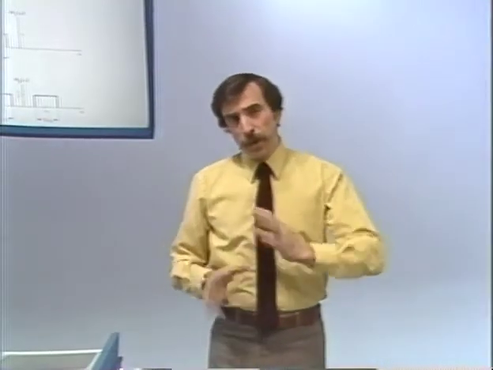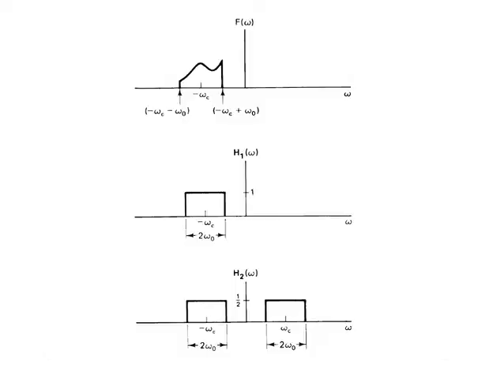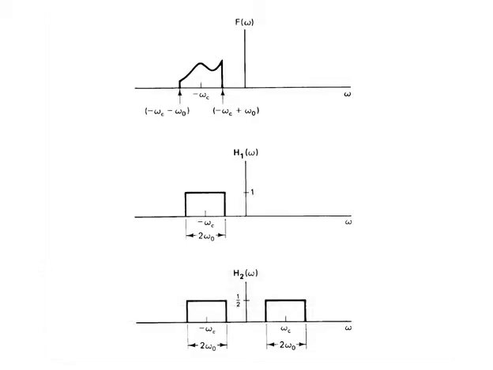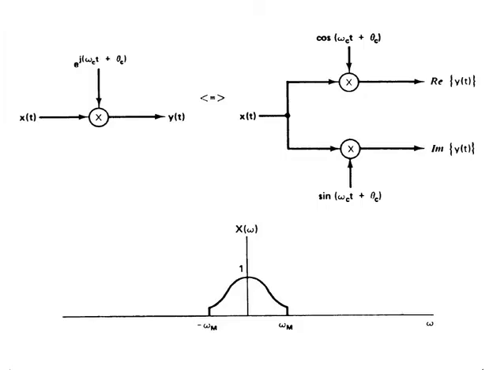Okay, well, so we've worked our way through modulation with a complex exponential carrier. And what we saw, among other things, is that it corresponds to two branches, one being modulation with a cosine and the other modulation with a sine.